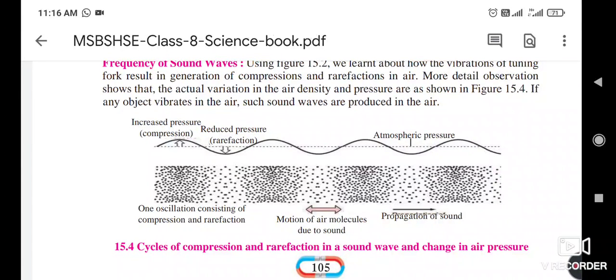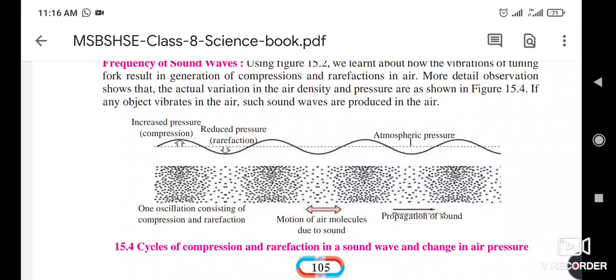There is a compression and rarefaction at some interval. One oscillation consists of one compression and rarefaction. The motion of the air molecules is due to the carrying of sound.